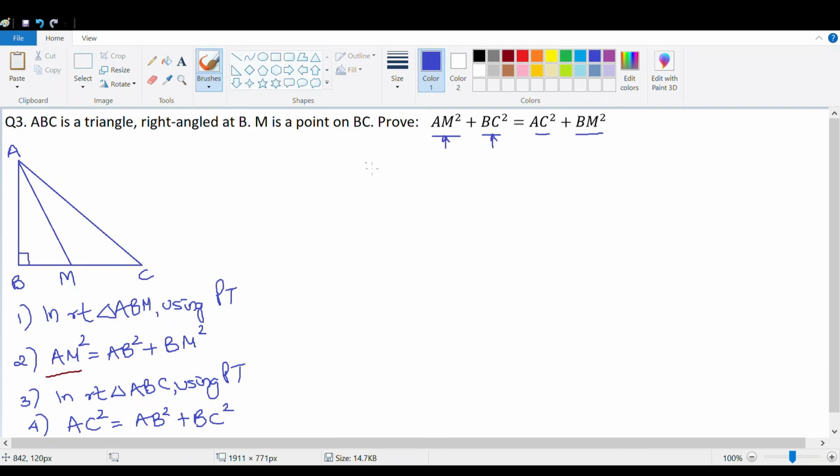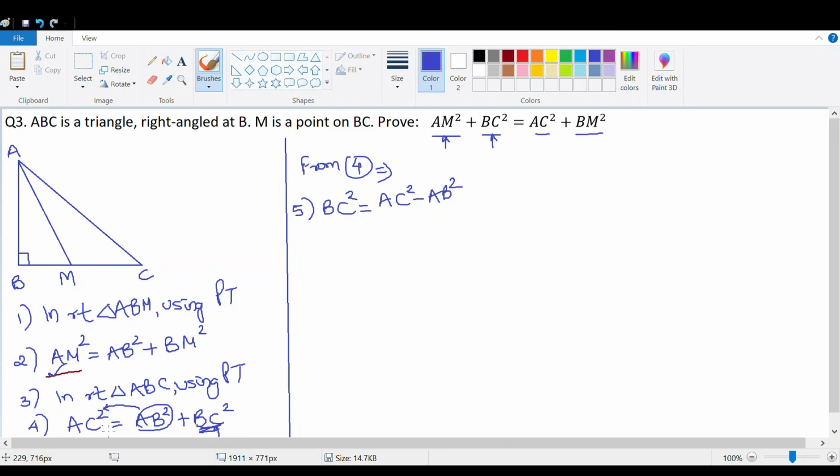I've already got AM square on one side. From the second equation, I get BC square. Let me just change this in a manner that BC square is on one side. So from 4, what we get is point number 5, which is BC square is equal to AC square minus AB square. I took AB square on this side, so it became AC square minus AB square.